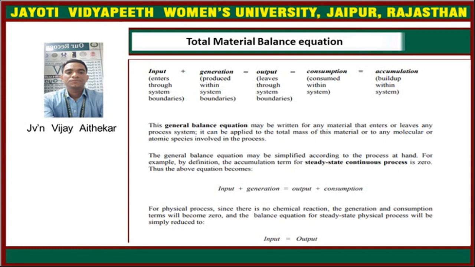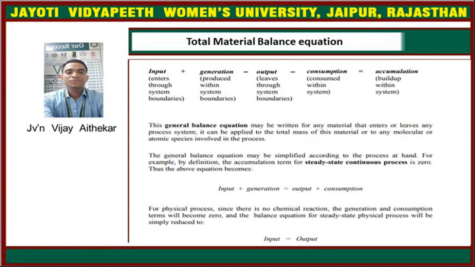The general balance equation may be written for any material that enters or leaves any process system, and we can employ it for the total mass of the material or for the molecular or atomic species involved in the process. That is, input plus generation equals output plus consumption.